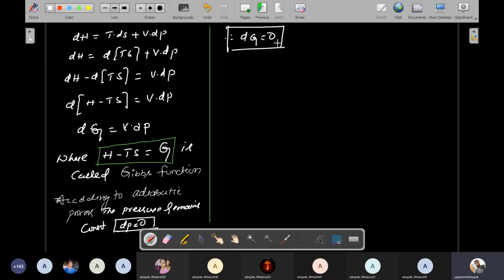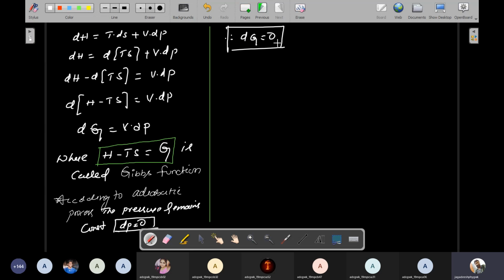That means if you consider the system in an adiabatic process, the pressure remains constant. So the pressure remaining constant means the change in pressure is 0.